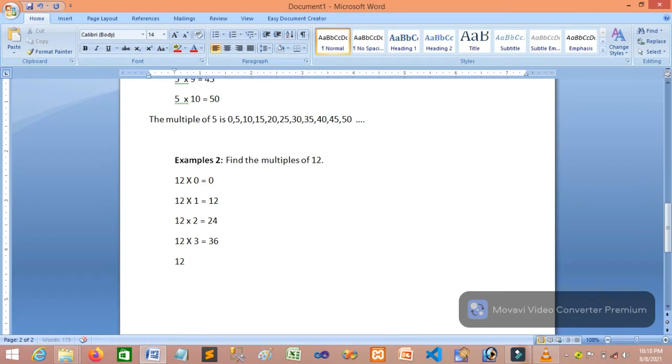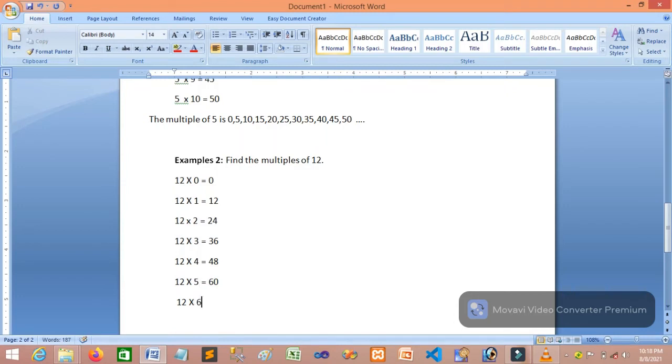Then 12 into 4 is 48. 12 into 5, 5 twelves are 60.